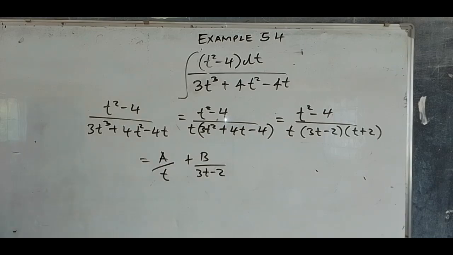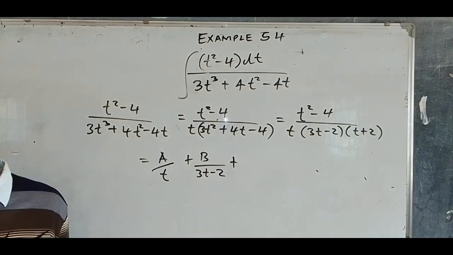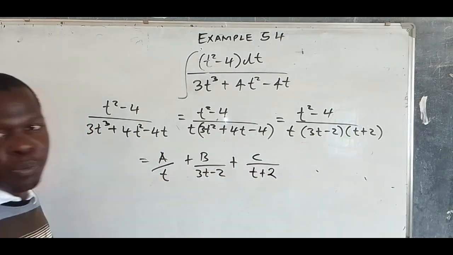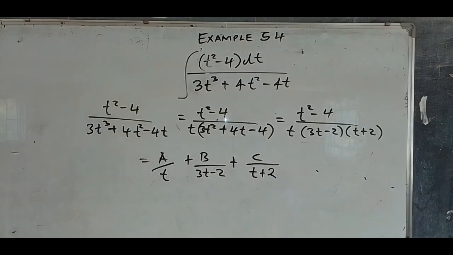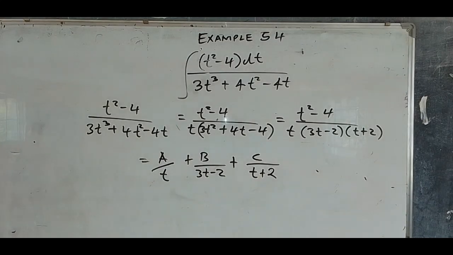Then t plus 2 is also a linear factor, so it is going to be C over t plus 2. Because t is a linear factor, it can be t plus 0 or t minus 0. That is linear, when the highest exponent is 1.